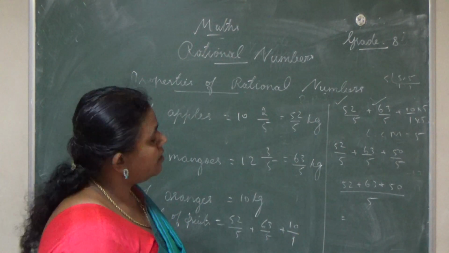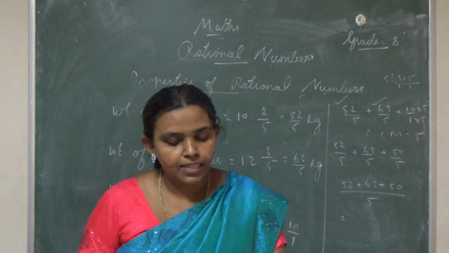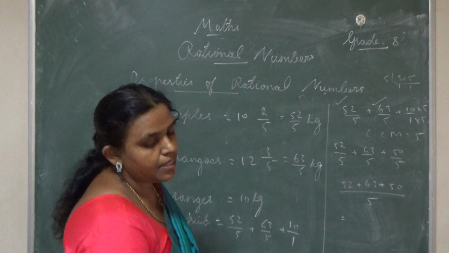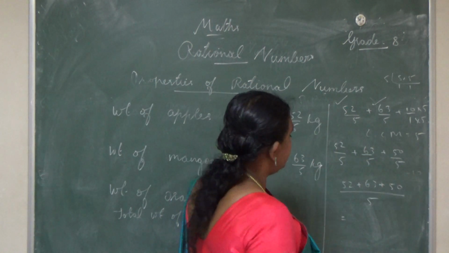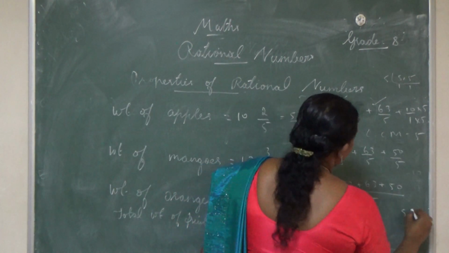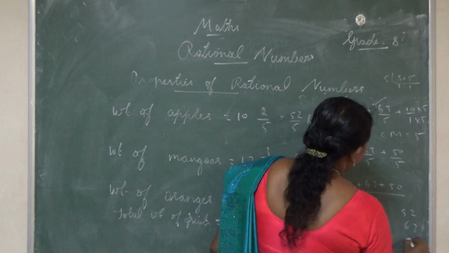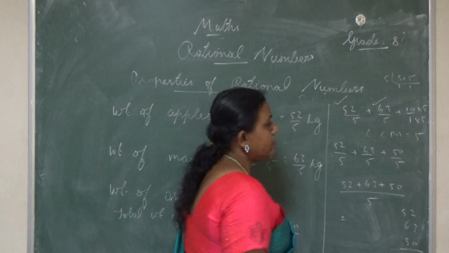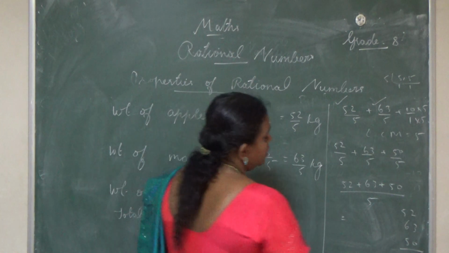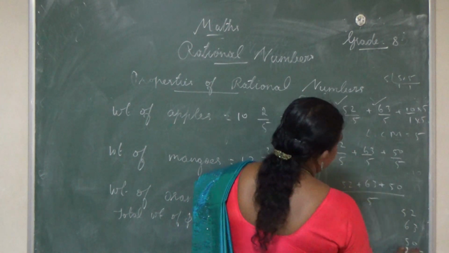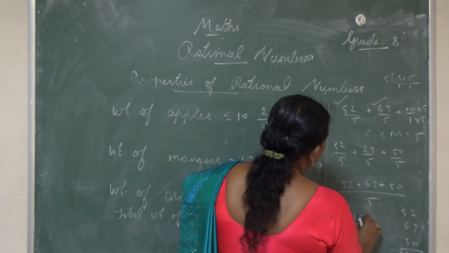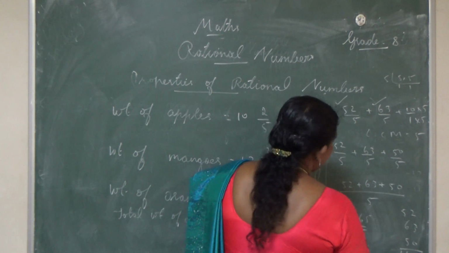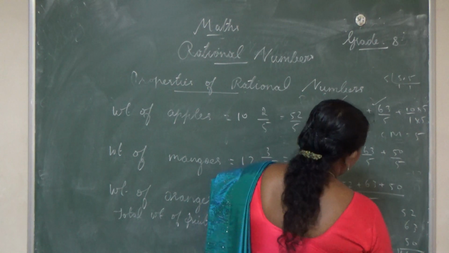Are you following? 2 plus 3, 5. 5 plus 6, 11, plus 5, 16. 165/5. So how will you divide 165/5?